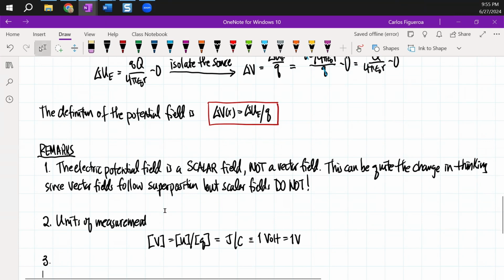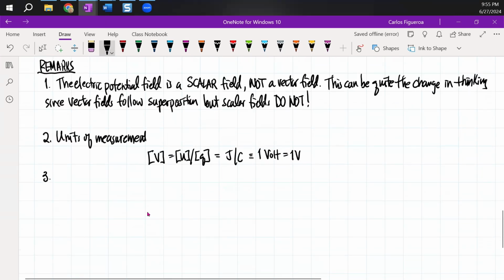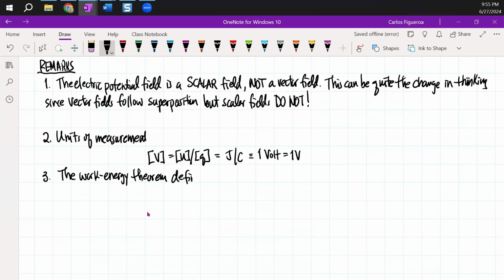And then the last comment is that the work energy theorem defines mathematically the potential field.